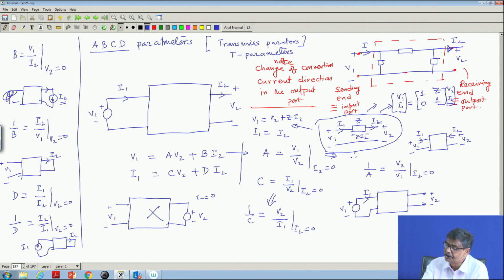This will be the ABCD parameters of this simple transmission line. Yes, one could think in this way and find out, but for simple networks you can easily make out how the parameter values will look like.